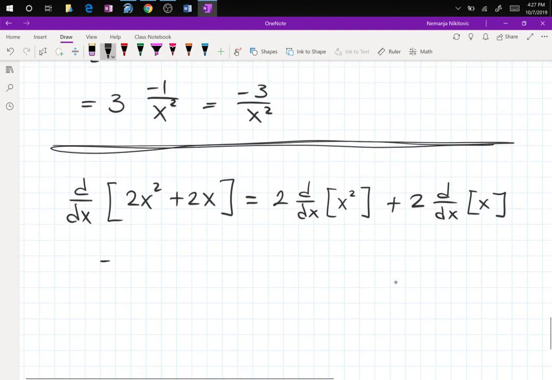So what is the derivative of x squared? 2x plus 2 times, and what's the derivative of x? 1. Derivative of x is 1 because the exponent will subtract 1.